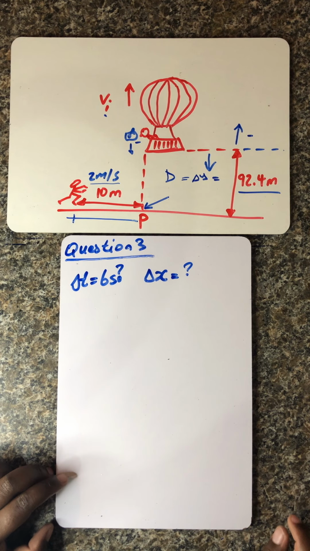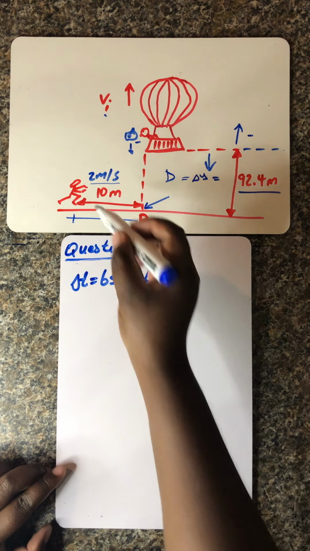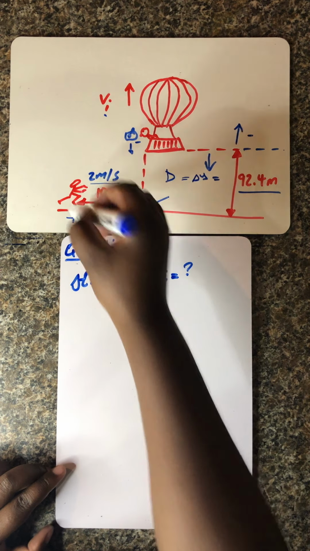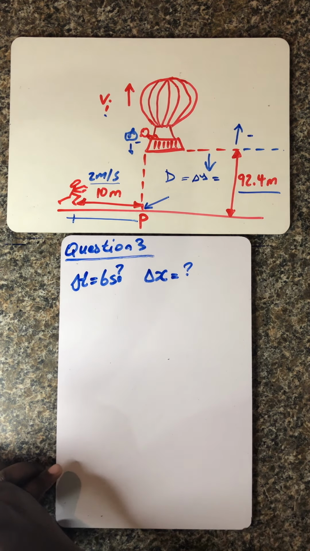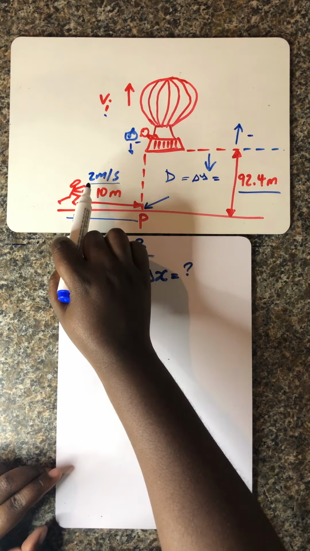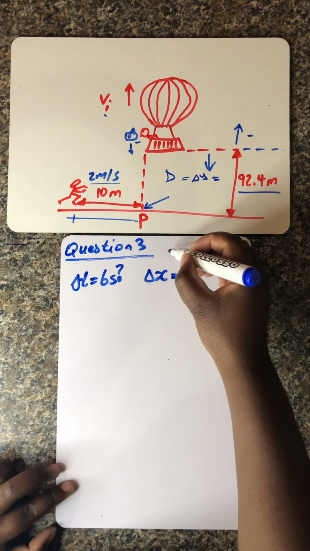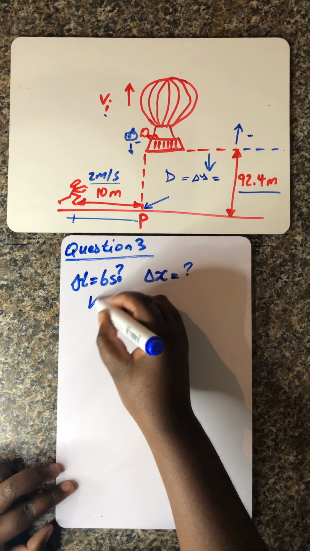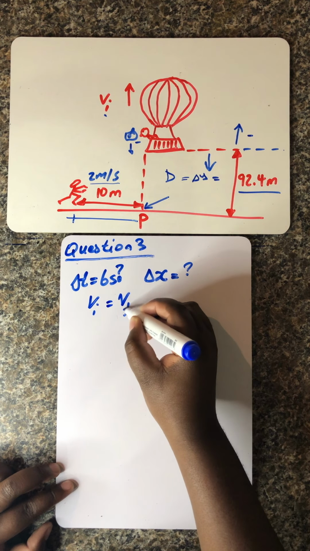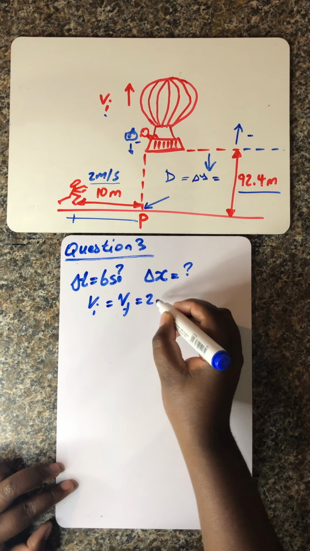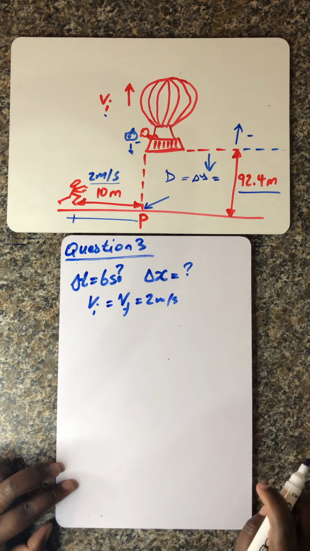What information do we know about this runner? We just know that he's 10 meters away, and that he's traveling at a constant speed. So his V initial is equal to his V final, which is equal to 2 meters per second.